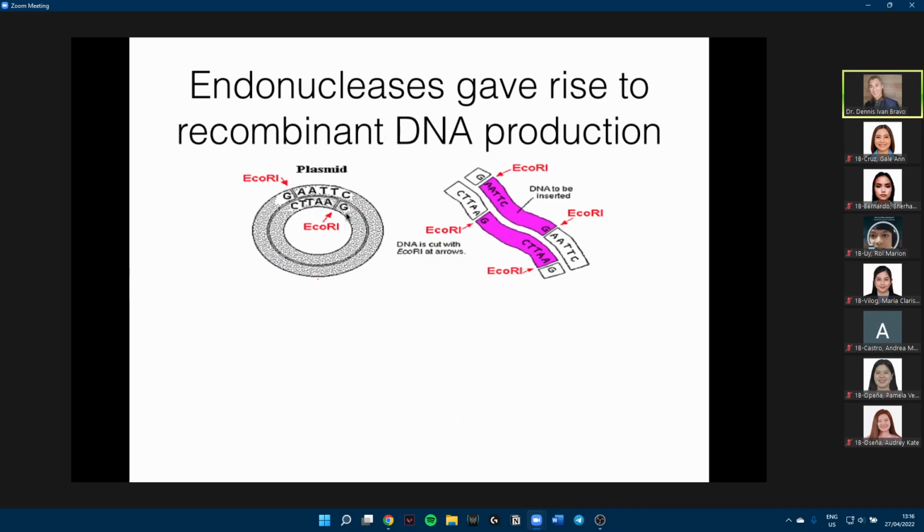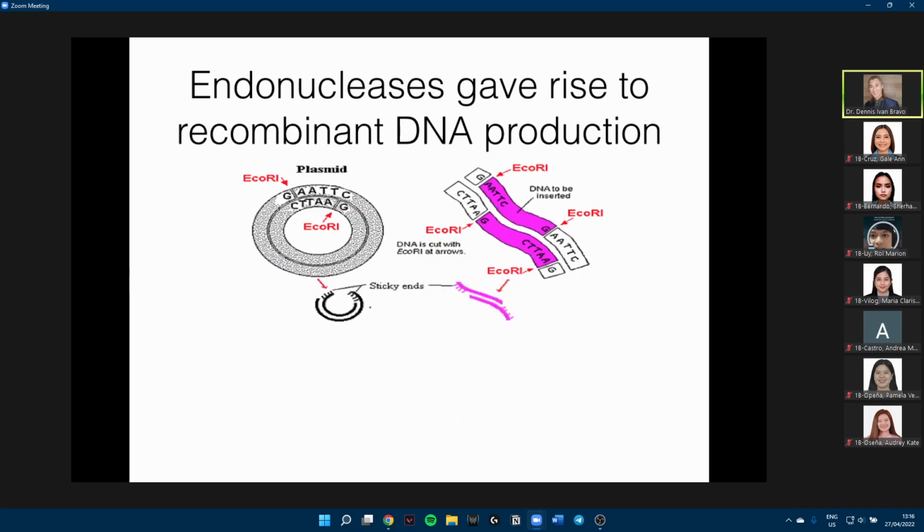For example, we have here a closed circular plasmid that comes from a microorganism. And let's say this is a DNA from a higher organism like humans. So this plasmid contains a GAATTC sequence that can be cut using EcoR1, while this foreign DNA can also be cut using the same restriction endonuclease if it also possesses the same cutting site at the same palindrome sequence.